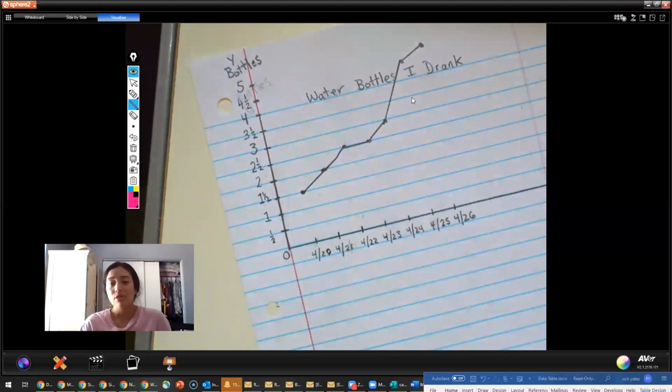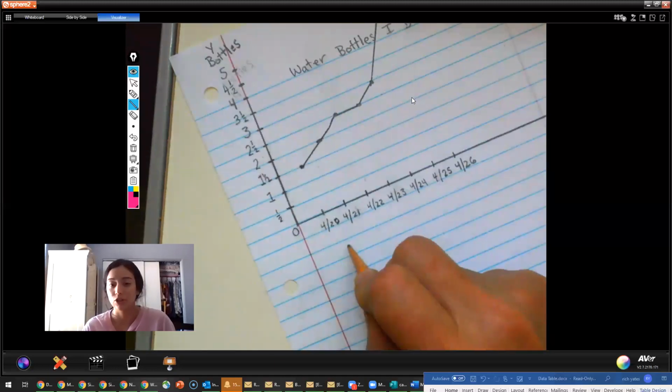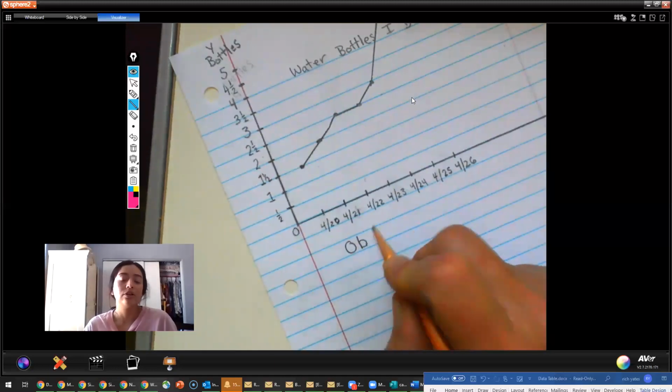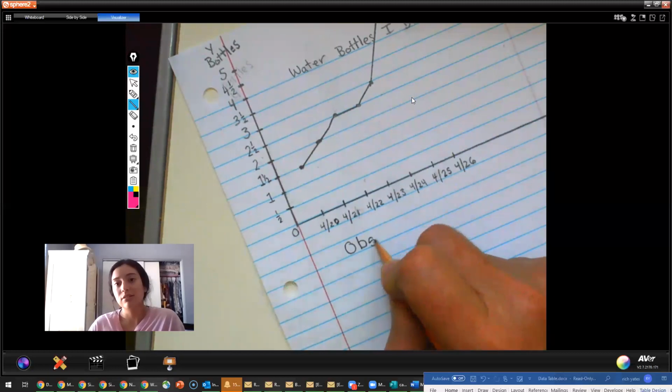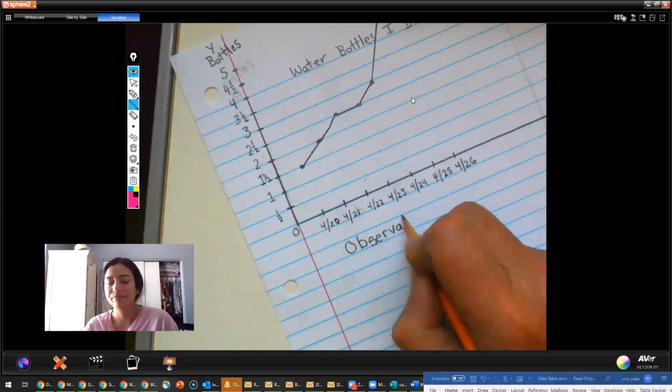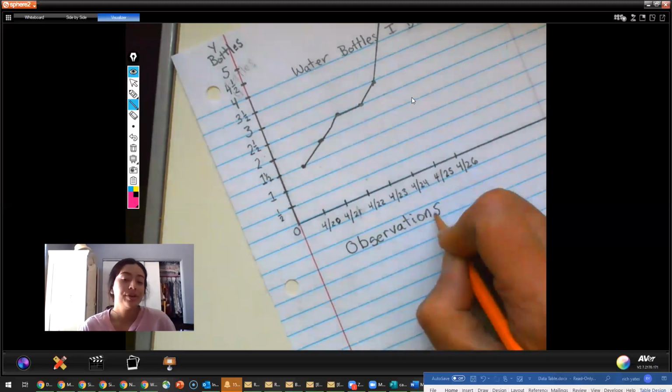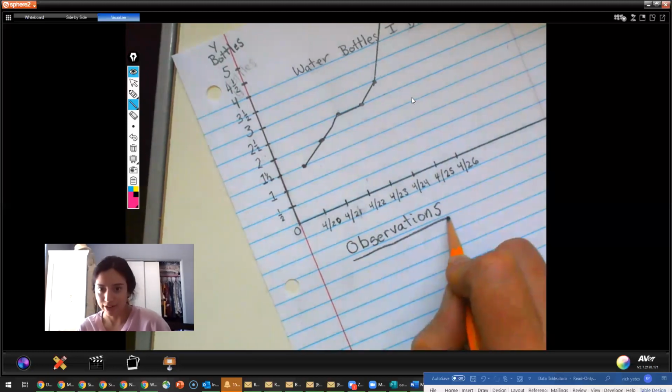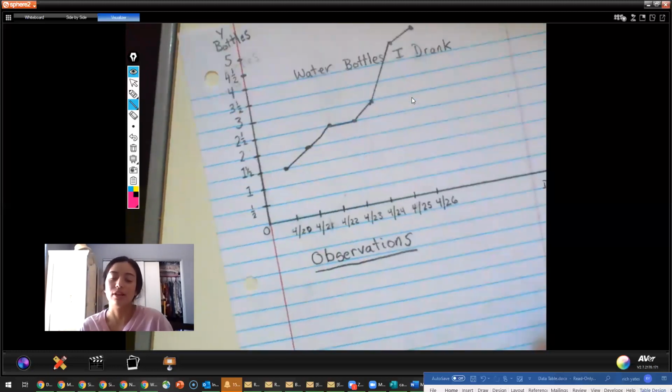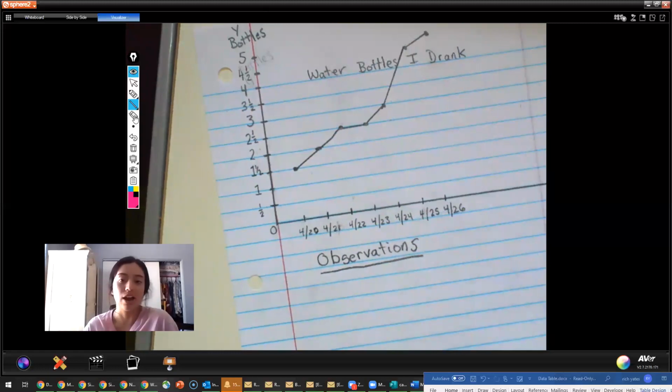So now that we know how to make a line graph, boys and girls, we are going to use that line graph to make observations. Now observations are things that you notice on the line graph. So looking at my personal line graph from the amount of water bottles that I drank going on walks or hikes, one thing that I noticed is that there is an overall increase in the amount of water bottles that I drink.